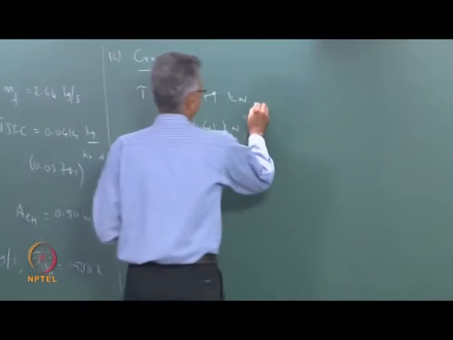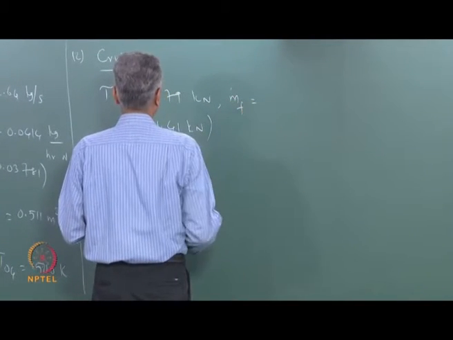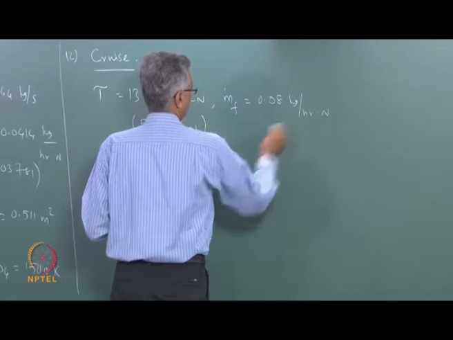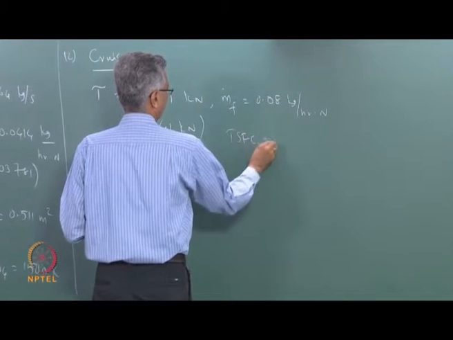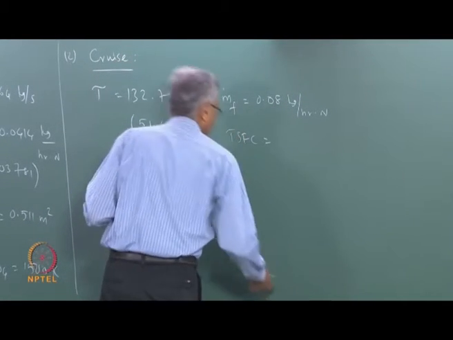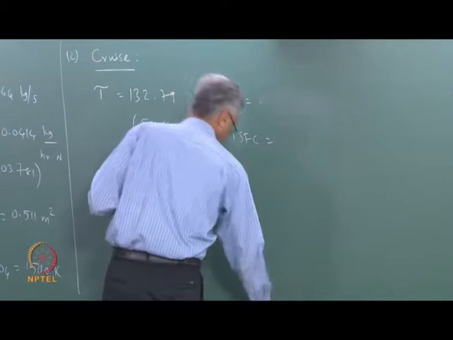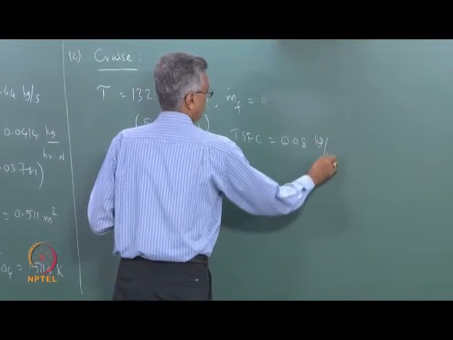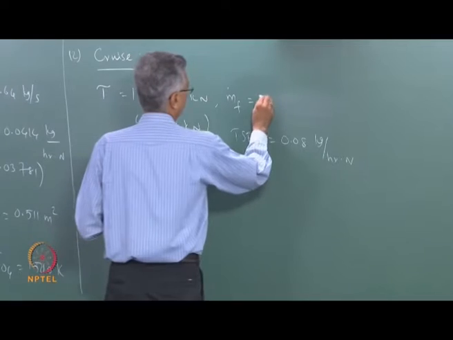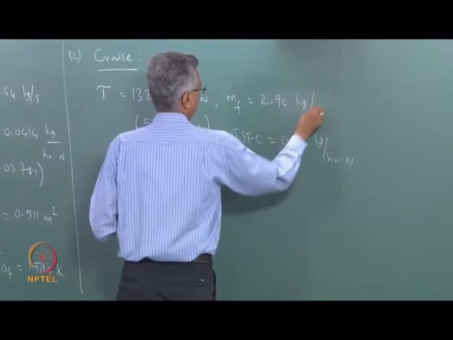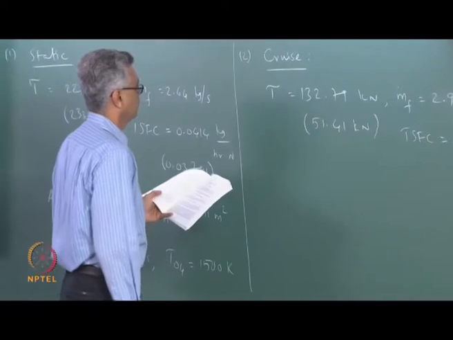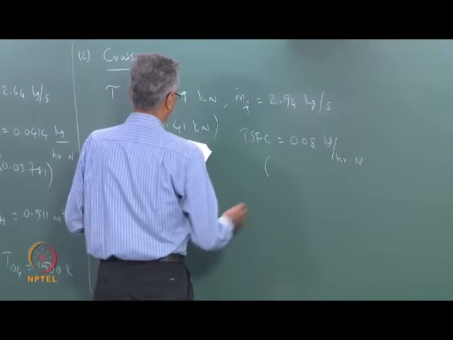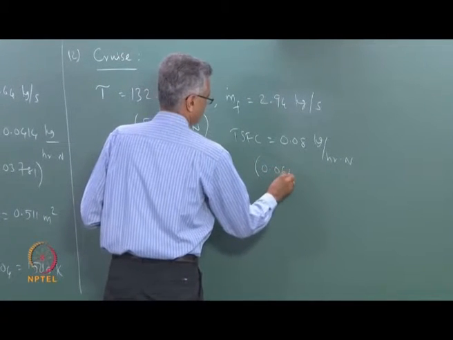And the TSFC is 0.08 kg per hour Newton, and the mass flow rate of fuel was calculated to be 2.94 kg per second, and the manufacturer quoted value for the TSFC is 0.0642.